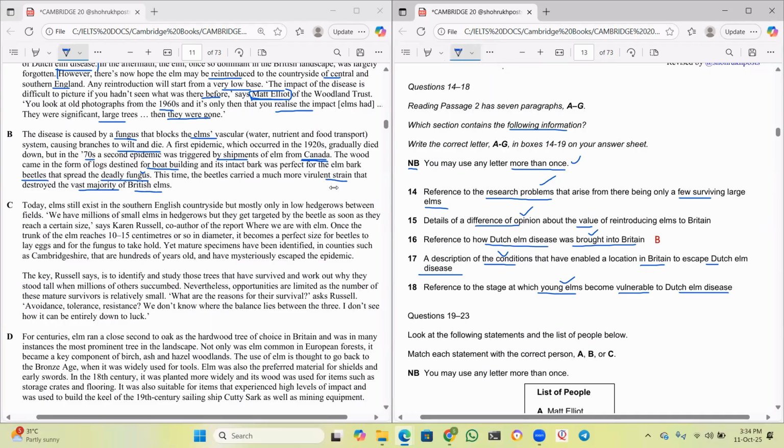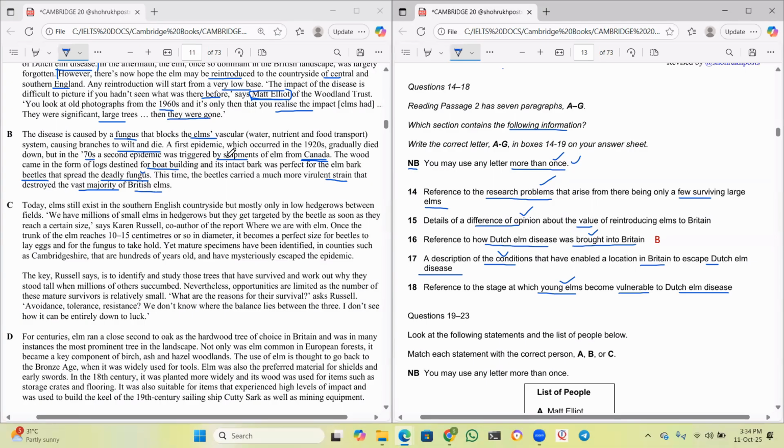Now, I think we got one answer here, right? But here he says you may use any letter more than once. So let us see if B is matching with any of the others. Reference to the research problems. Did he talk about any research problems in B? No. Details of difference of opinions. Did we read any difference of opinion here?